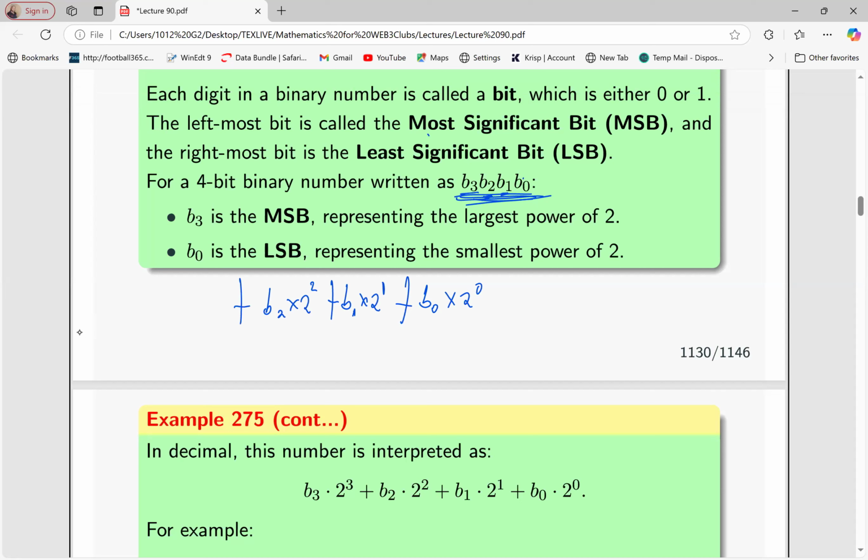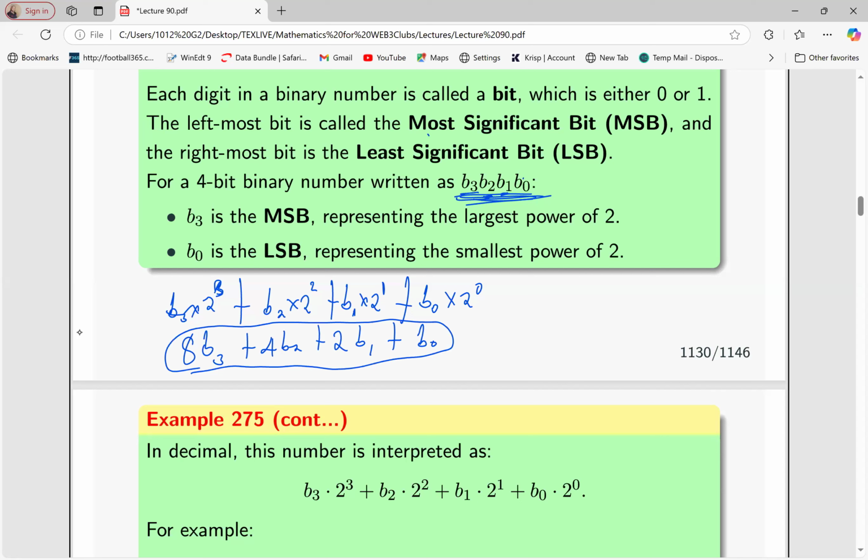Then the one that follows, B3, is multiplied by 2 raised to 3. It can be written this way, or you can replace 2 raised to 3 with 8, and then 2 raised to 2 with 4, and 2 raised to 1 will just be 2, and 2 raised to 0 will be 1. So this is how we write it.